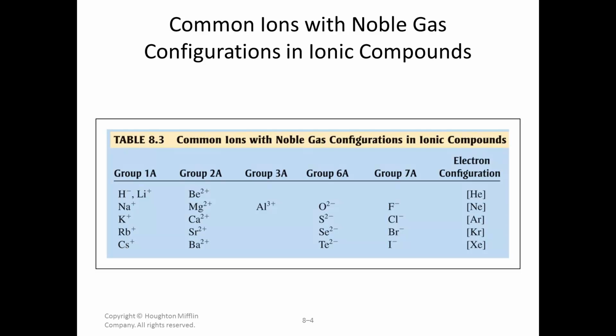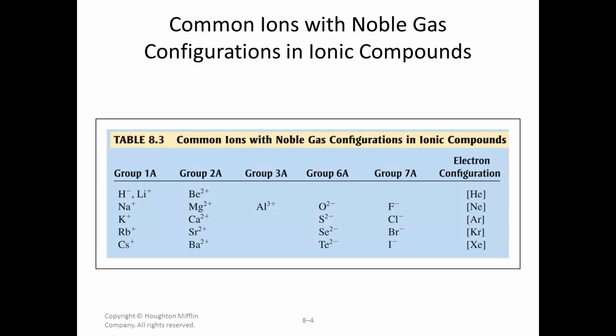For example, most of our group 1A elements, except for hydrogen, which is a nonmetal, will lose one electron to form a 1+ ion. Our group 2A alkaline earth metals will lose 2 electrons to form a 2+ cation.